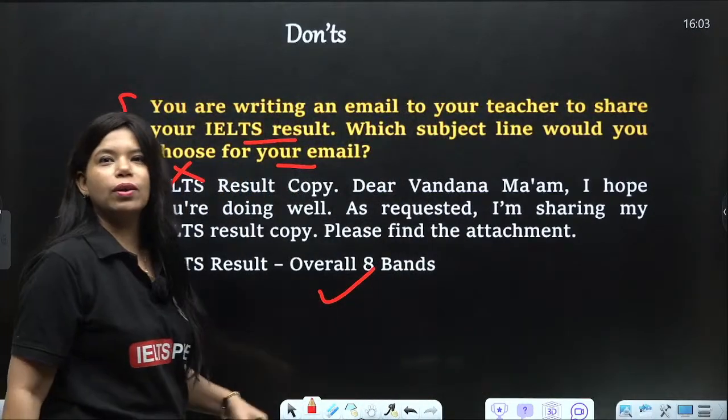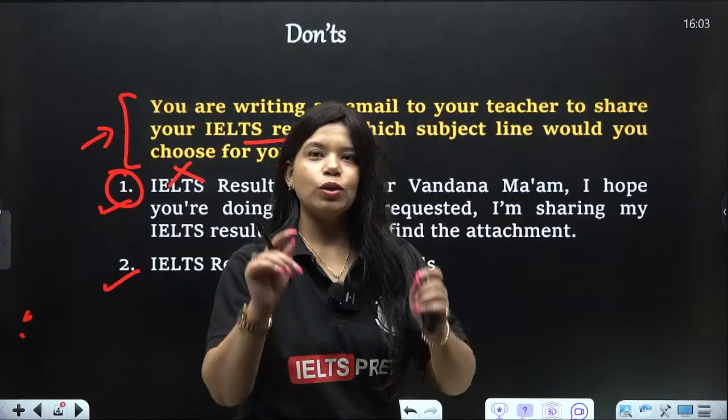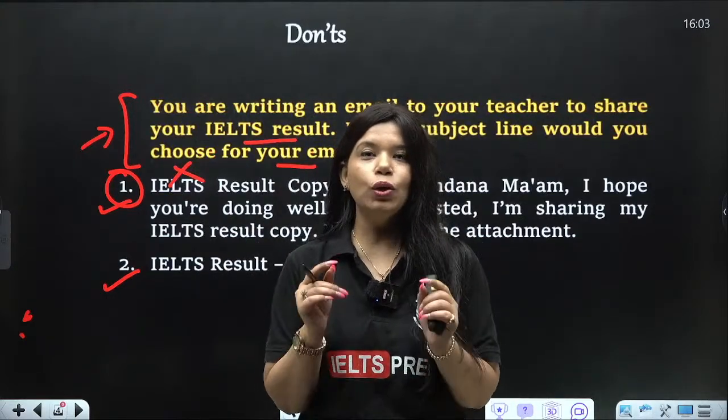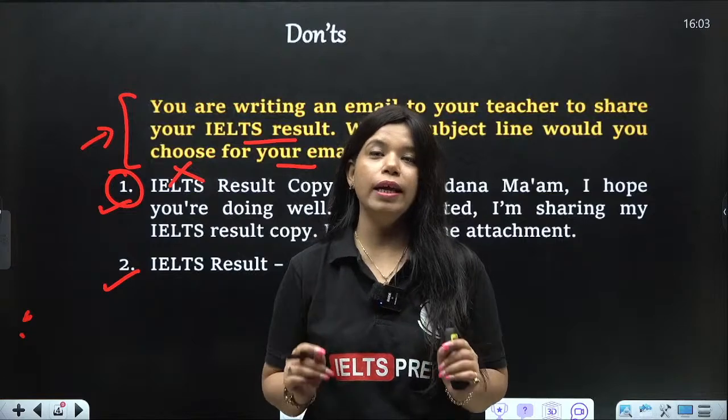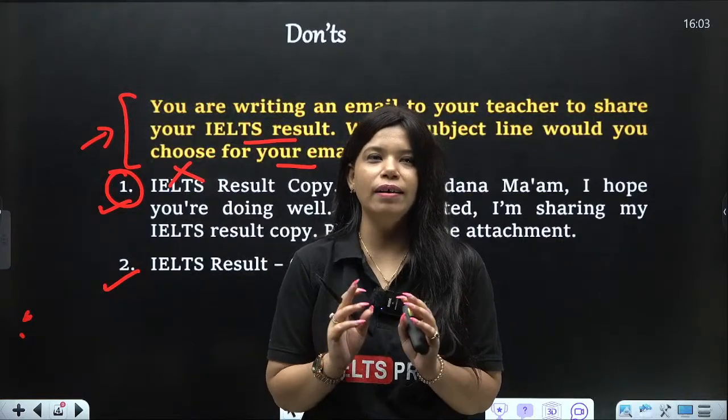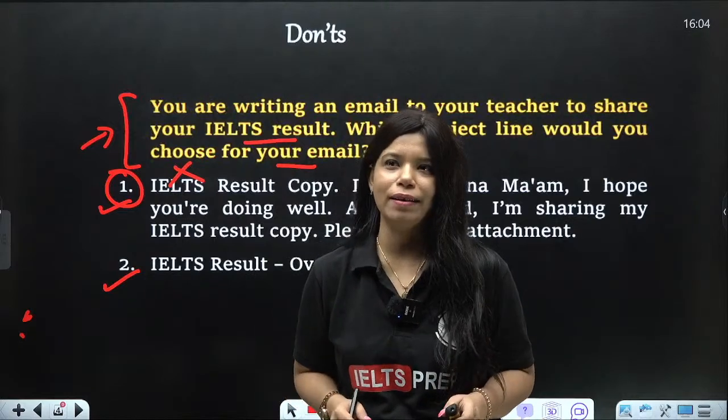This is how your subject line should look. So your don't number 1, I'm discussing do's and don'ts of email writing, your don't number 1 is do not write a very lengthy subject line. It doesn't look good and it goes against the rules of email writing.